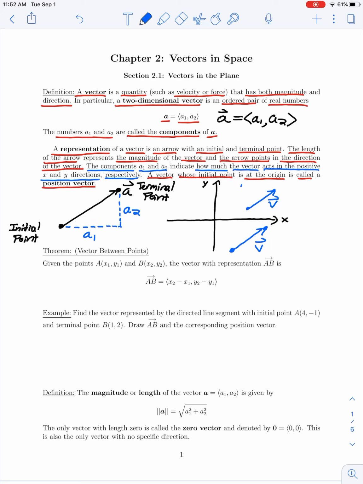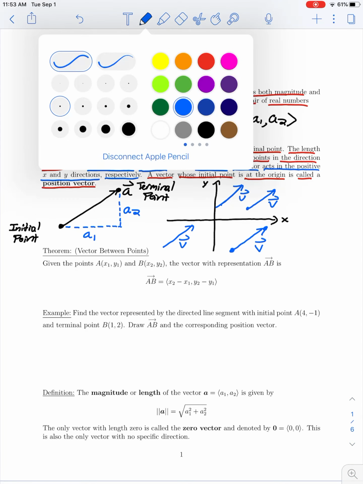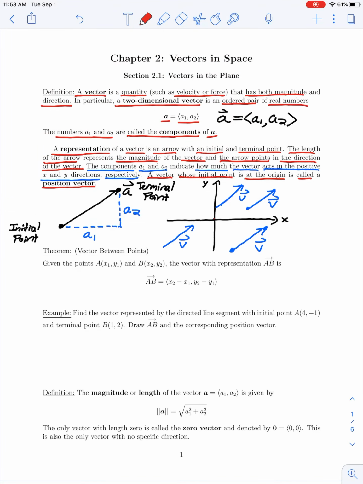So I can draw a representation of a vector v anywhere I want in the plane, as long as I have the correct length and the correct direction. And the specific representation of v, where I choose my initial point to be the origin, is called a position vector.